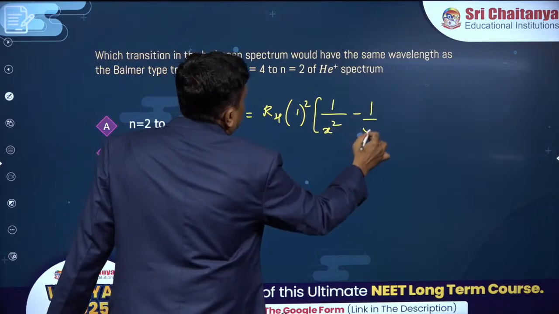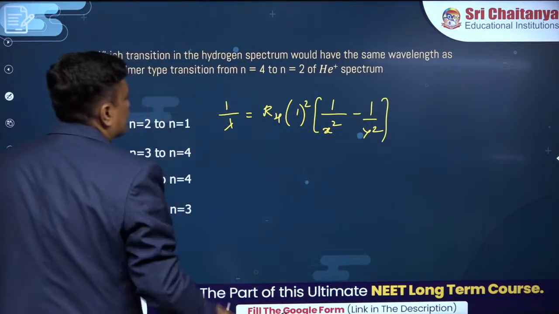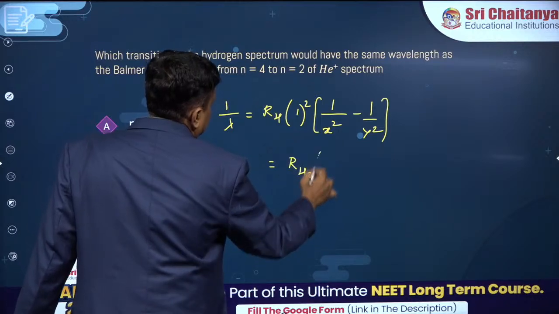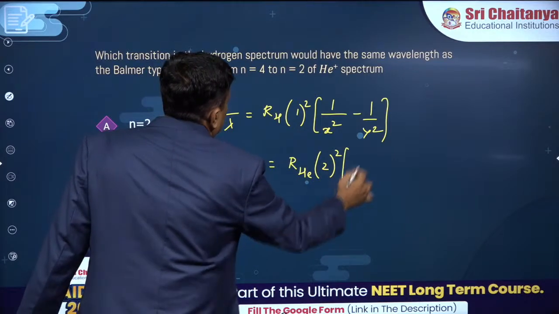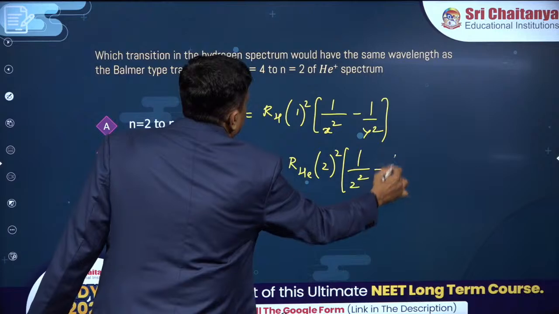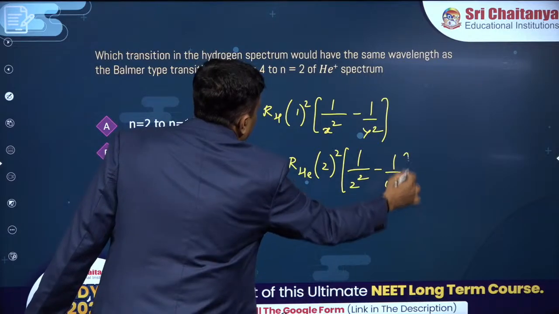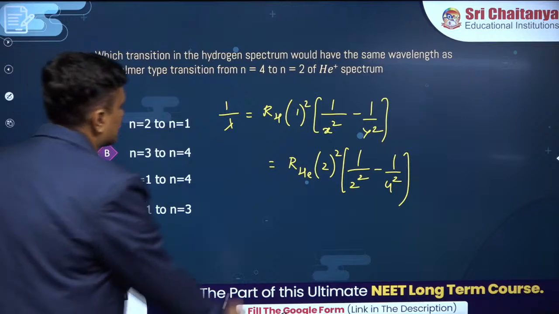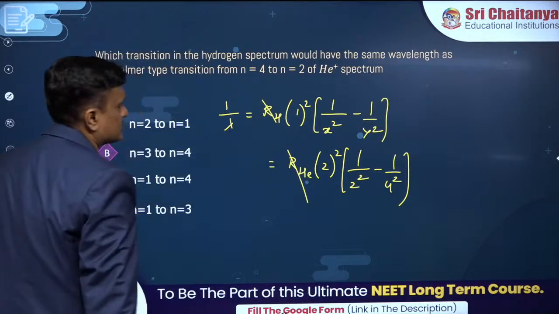I'll assume some transition from Y to X will have the same wavelength as that of helium, having 2 square and 4 square. So you can see simply that this gets cancelled, approximately assuming to be the same.